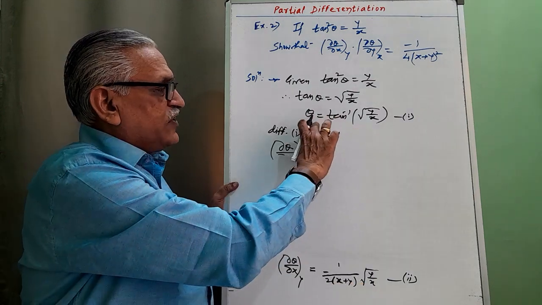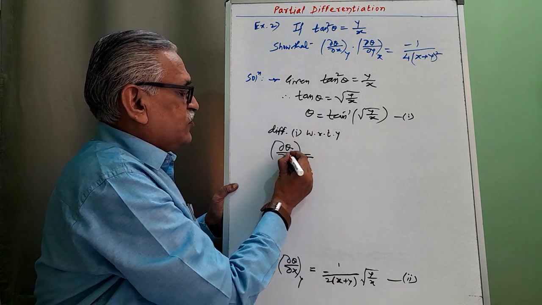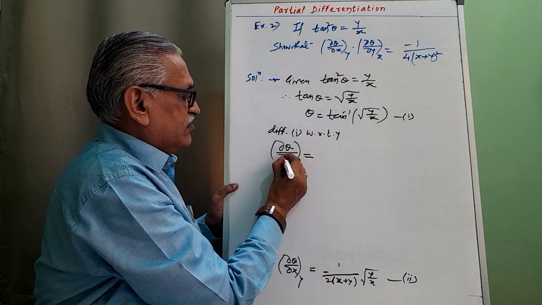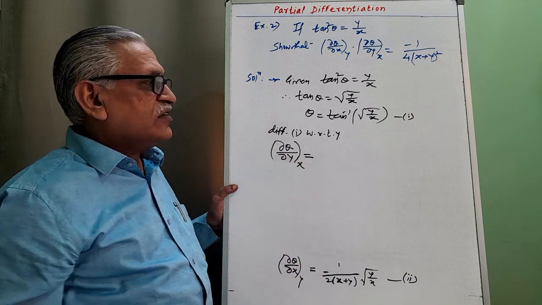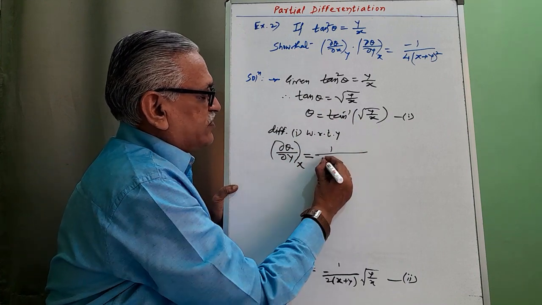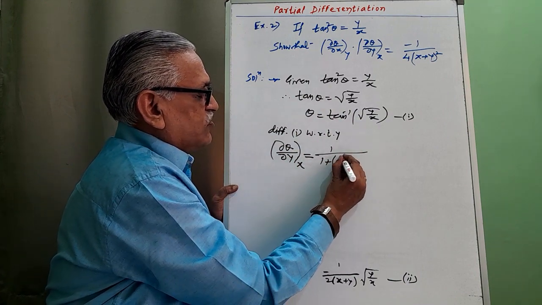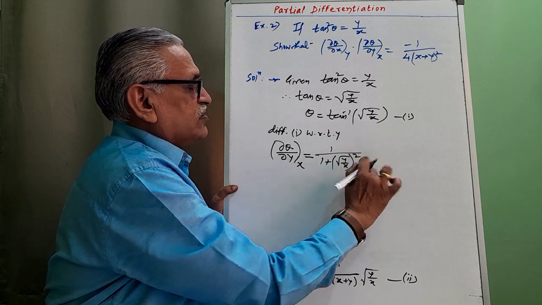Then differentiating theta with respect to y keeping x constant, therefore ∂θ/∂y keeping x constant. Again derivative of tan inverse is 1 upon 1 plus x square. Here it is (root of y by x) whole square. Chain rule.